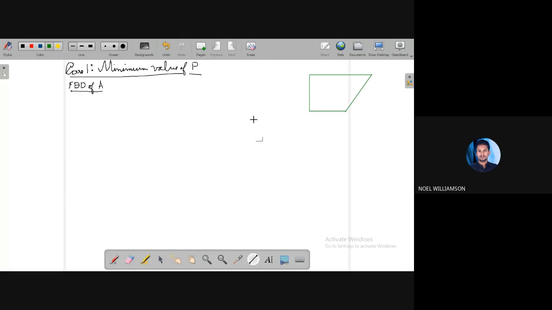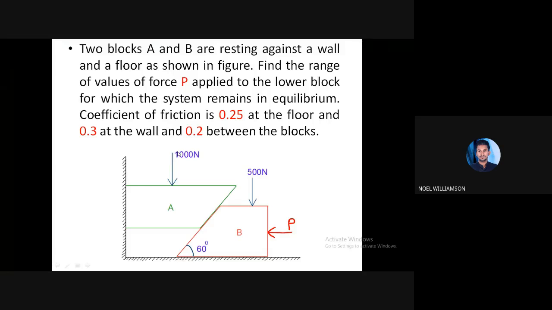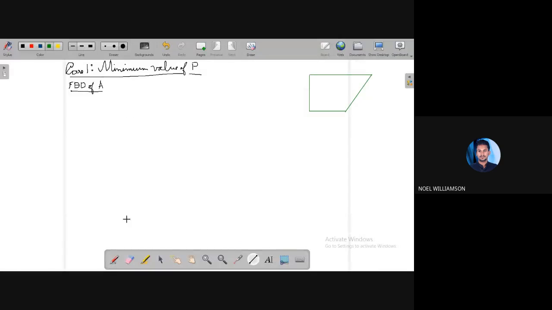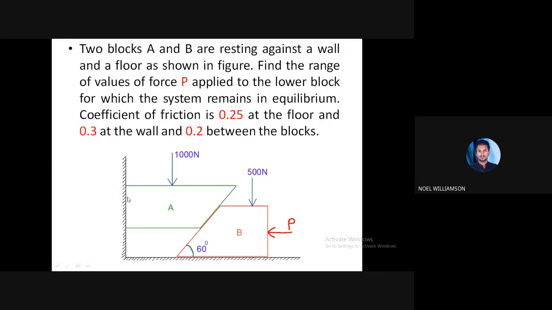This is A. Now the forces acting on A, first of all the weight, 1000 Newton. Now there is a relative movement on this surface and this surface. Here we are considering the minimum value.